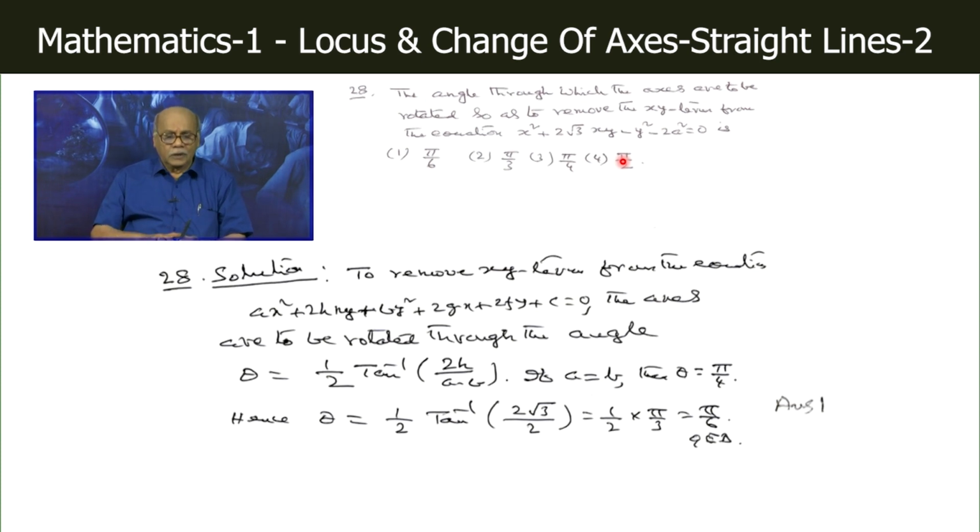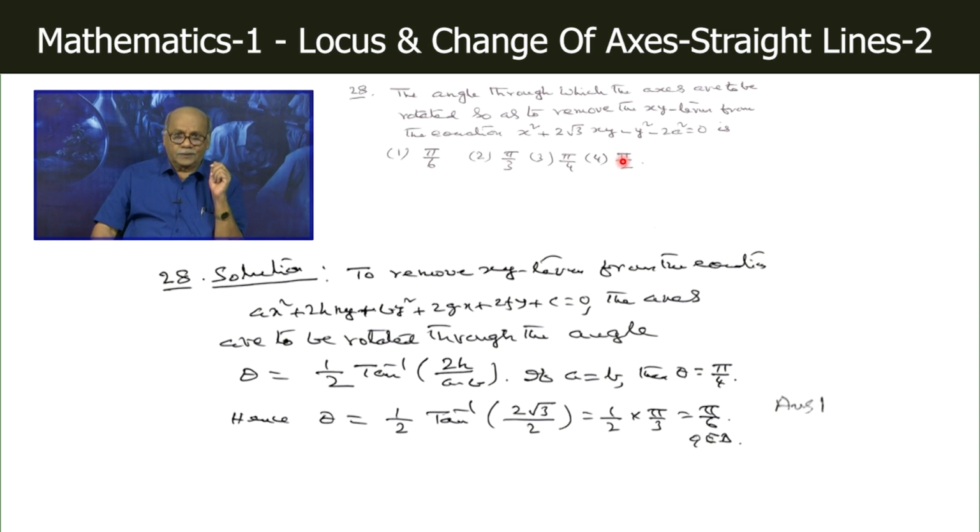Now, the rule to remove the xy term from the second degree equation is that you have to rotate the axes in the anticlockwise sense through an angle theta, which is nothing but half of tan inverse of 2h by small a minus small b.